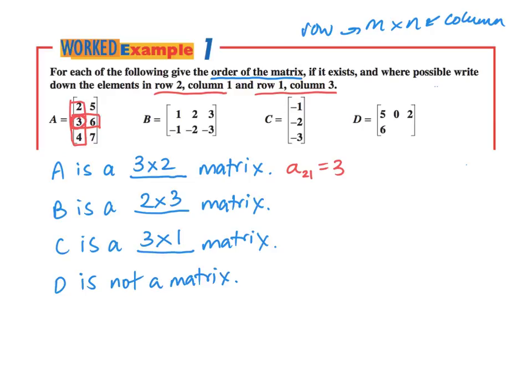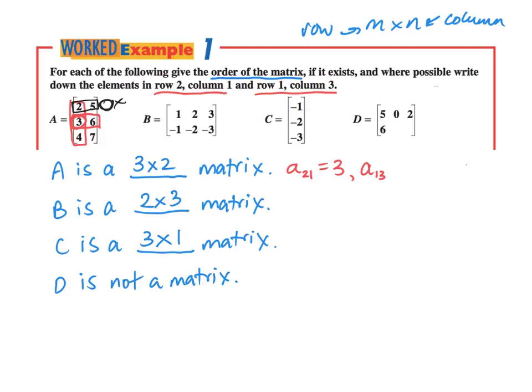Okay, so next part of the question, we are looking at row 1, column 3. So if we now consider row 1, this here is row 1. Column 3, row 1 does not have a column 3, that's this bit here.